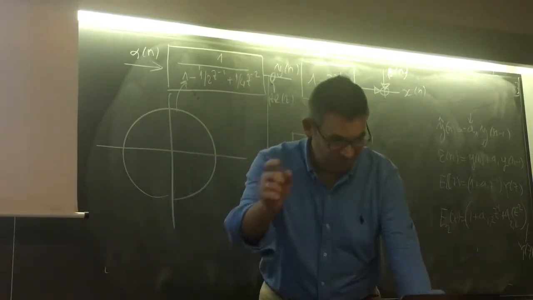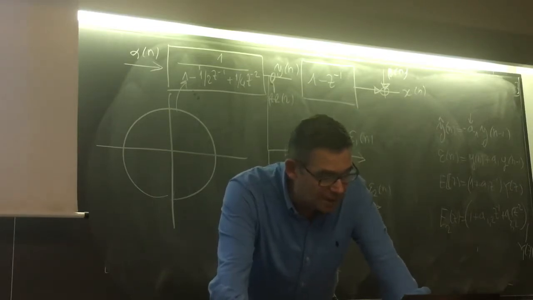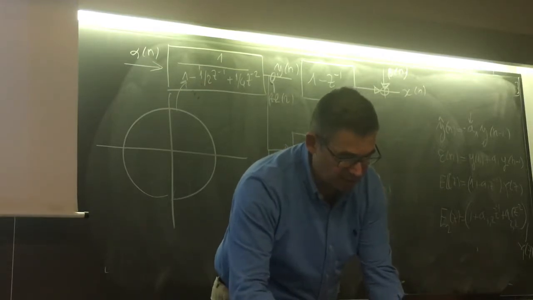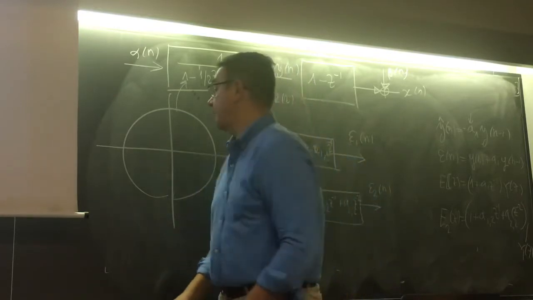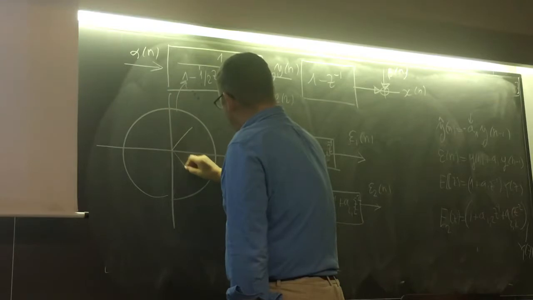The poles are at 0.25 plus or minus 0.43 j, so the absolute value is 0.5.